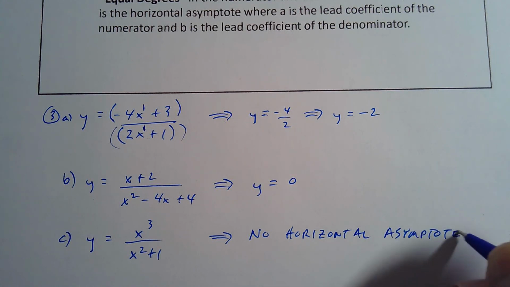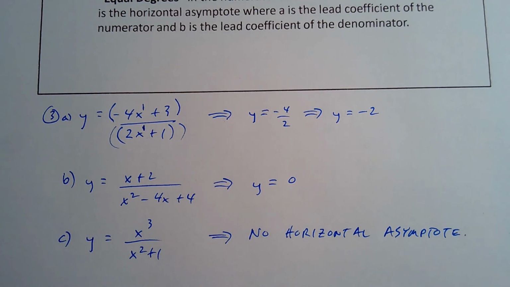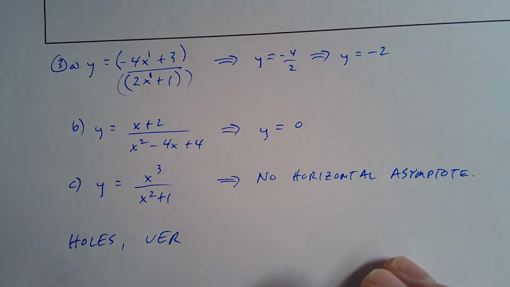There are a few graph questions at the end. I'm not going to go over graphing. You've got your graphing calculator. Just make sure that you put in holes, vertical asymptotes.